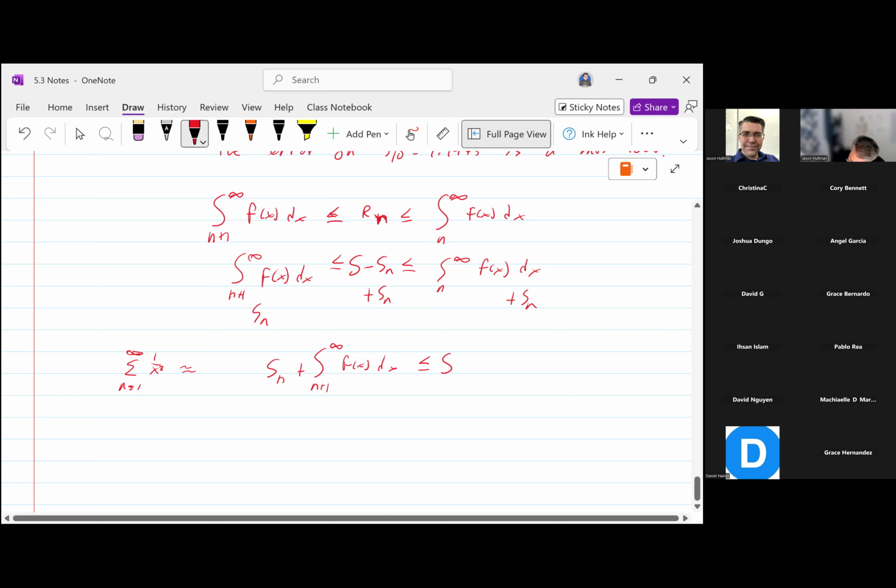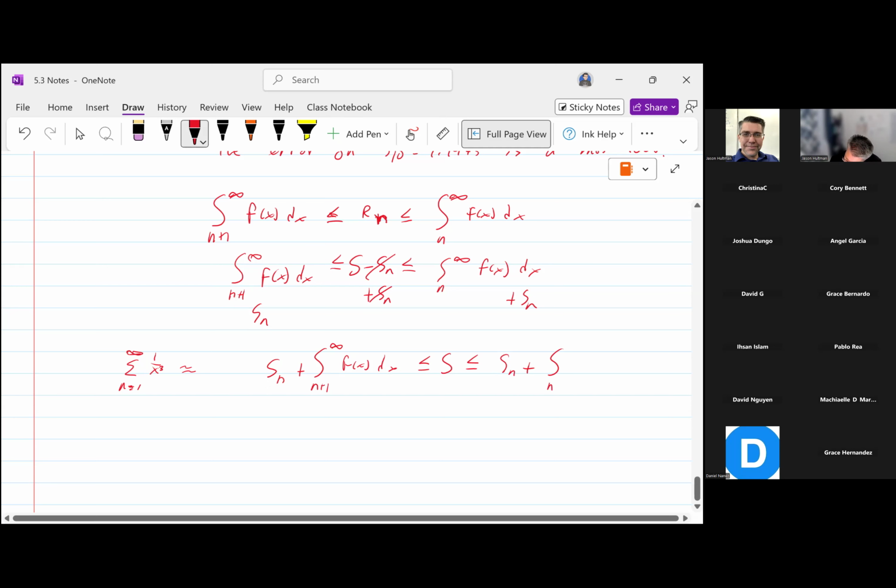That's less than or equal to the true sum, because these are going to cancel out, and then this will be s sub n plus that. So this gives us an approximate value, or a boundary between where to look for our true sum.